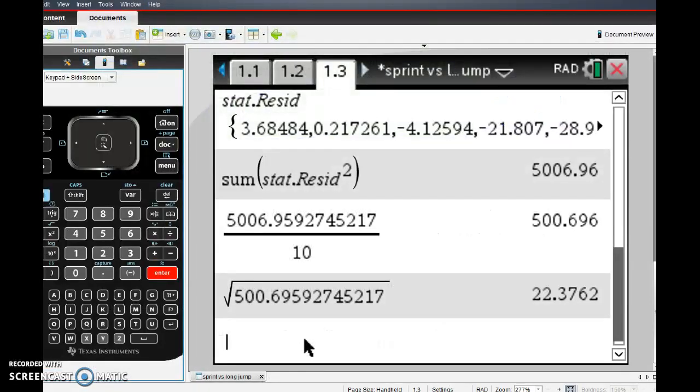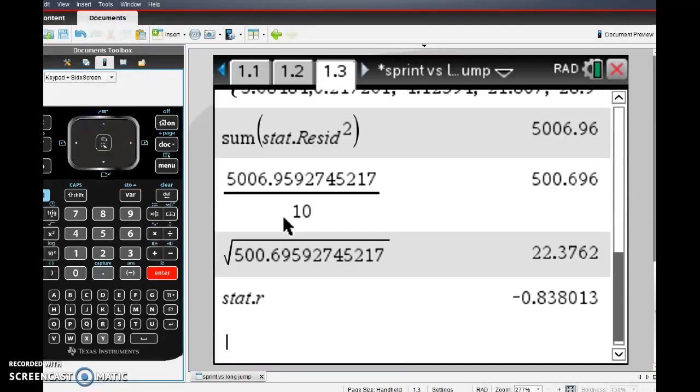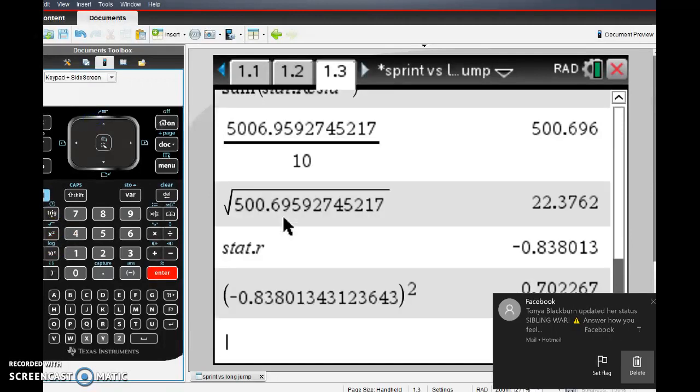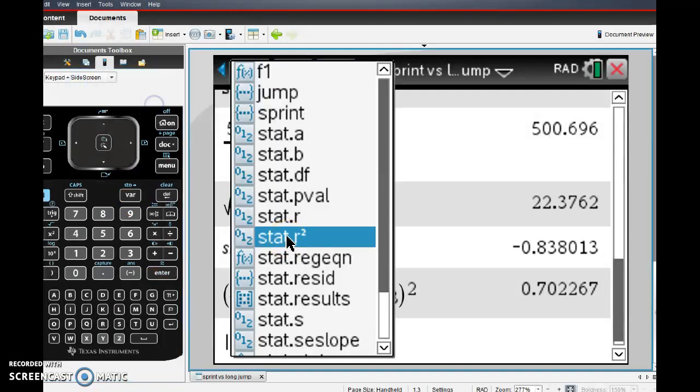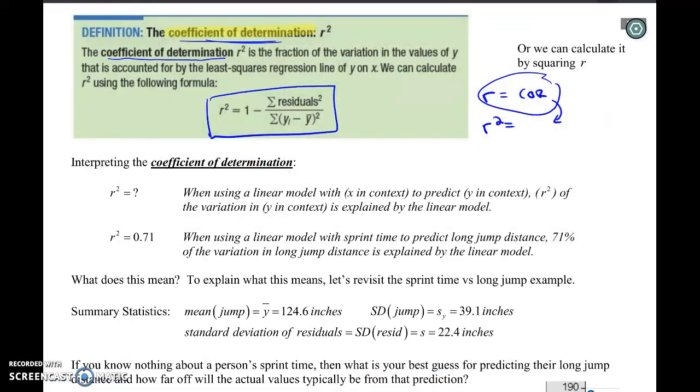If you recall this example, our R value was negative 0.848. So if I square that, it gives me 0.702. Also, if you go to vars, it'll actually have an R squared variable, the coefficient of determination. So that's in there, but it is R squared. I have a rounding error here, sorry about that.